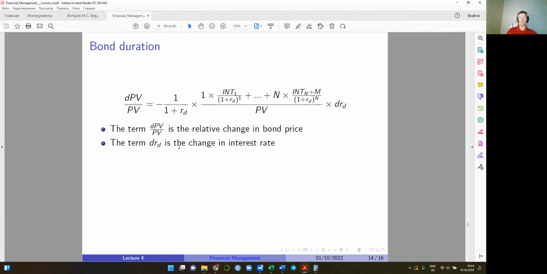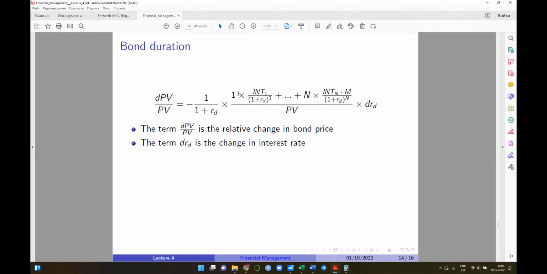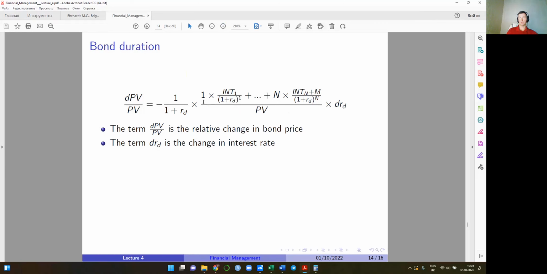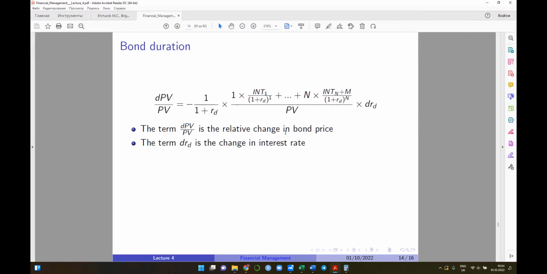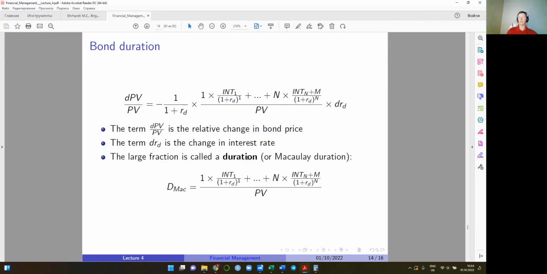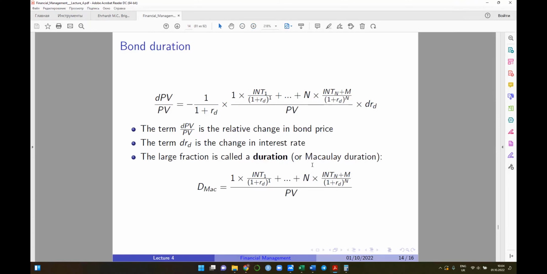Here we have a change in interest rate, let's say from 12% to 10%. It's minus 2%. And this large fraction is called a duration. Or sometimes it is called a Macaulay duration, after the person who proposed this formula.